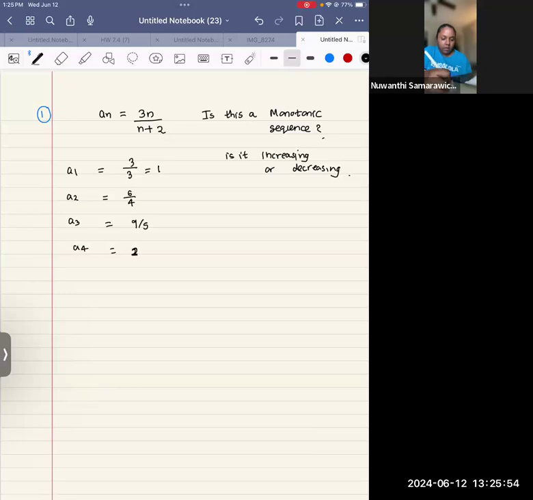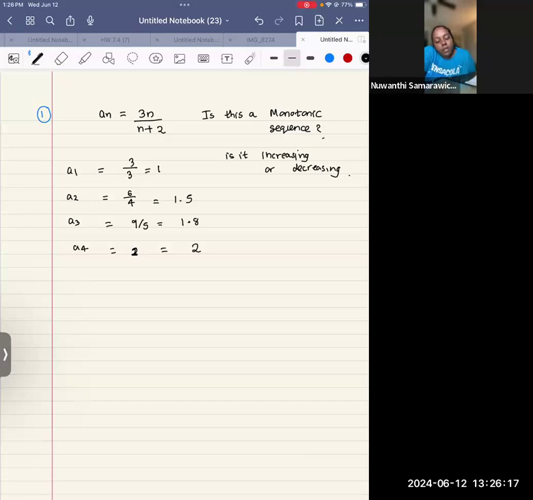Okay, can you find these in decimal form? Because we need to check whether it's increasing or decreasing. 6/4 as a decimal is 1.5. This is 1.8 and this is 2.